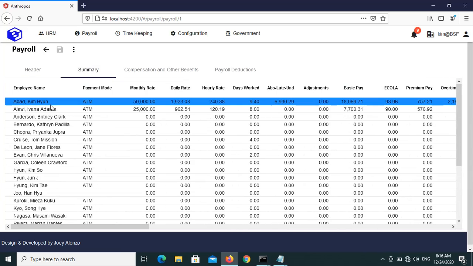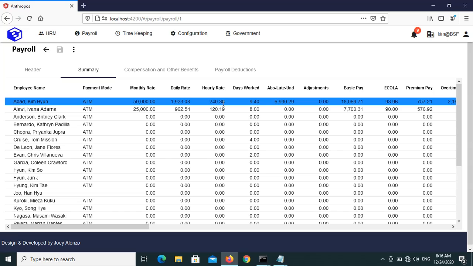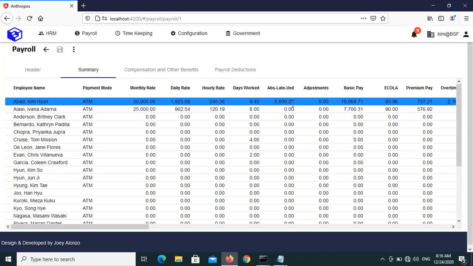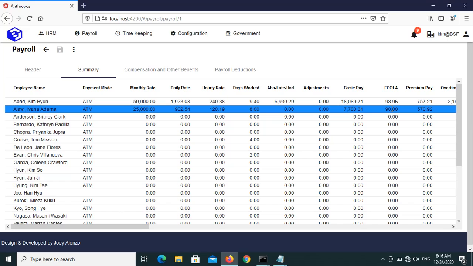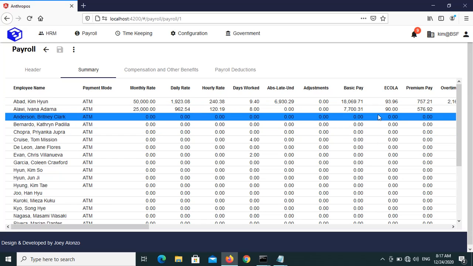So as you can see here, for Abad and Ivana, monthly rate is displayed, and also the daily rate, hourly rate, and also the day's work, and absences, late, and undertime, and also the basic pay and ECOLA. So these are the values that were calculated for Abad Kim and Alawi Ivana. Okay. So how did we arrive at these values for basic pay and ECOLA? So this is the topic of my video.